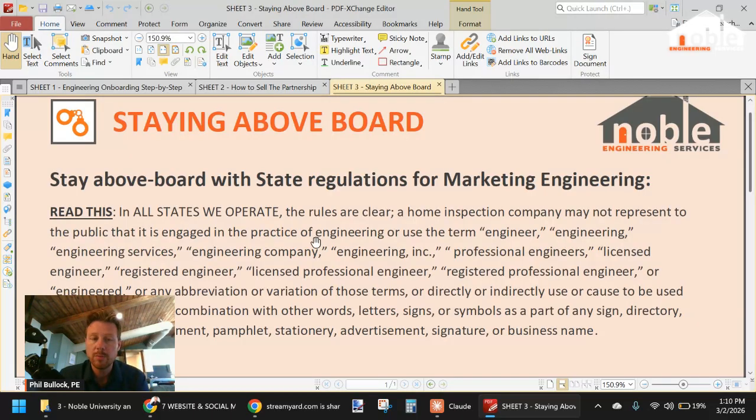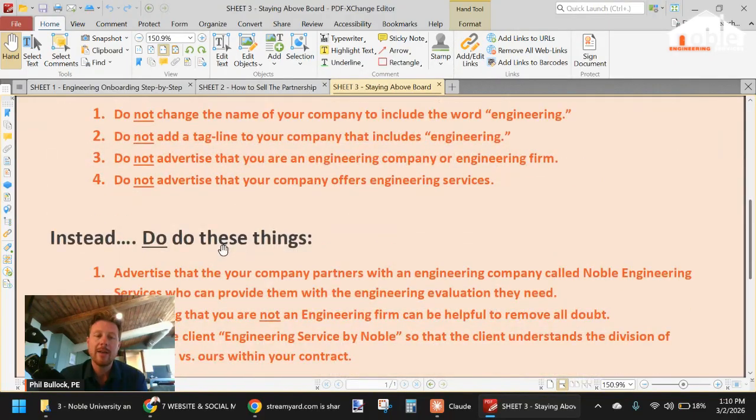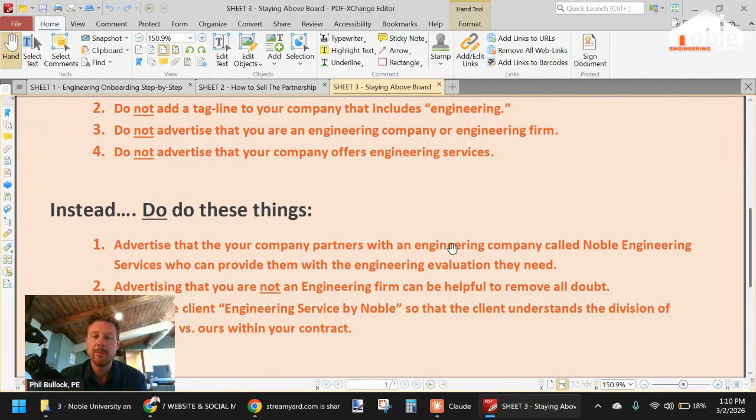You do not employ a registered engineer, and you are not an engineer, obviously. Some of these are obvious. Duh, I'm not an engineer, and I can't call myself an engineer. Some of them are a little bit more difficult. And so what we say is that you need to advertise your company as a partnership with Noble Engineering Services, and that wording typically will keep us in the green.